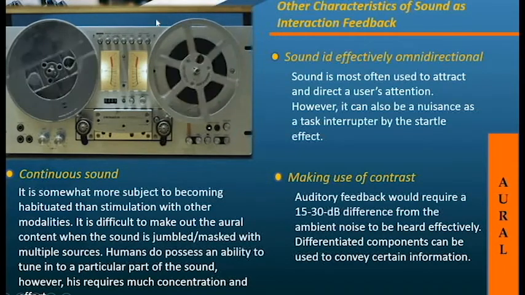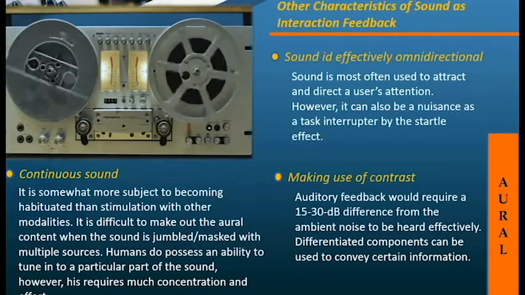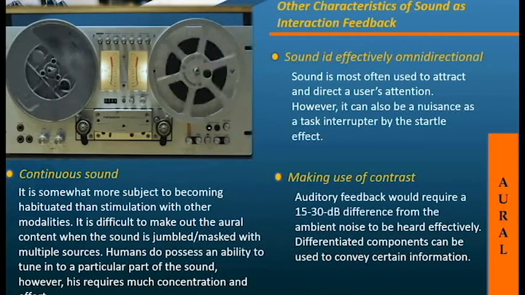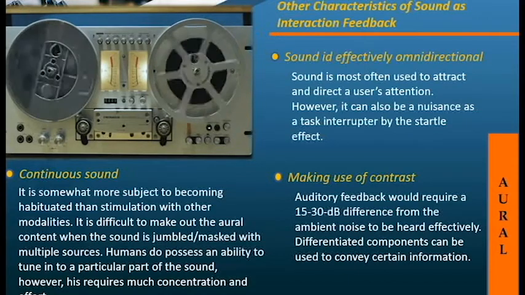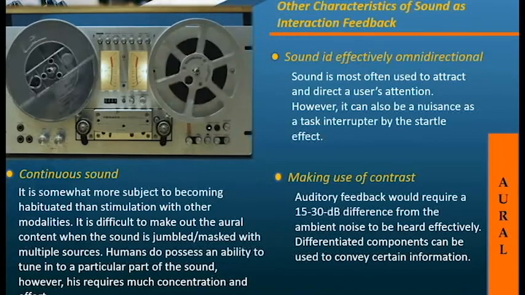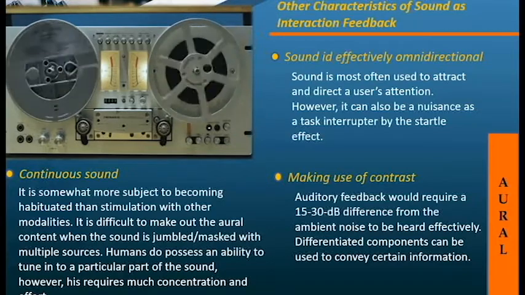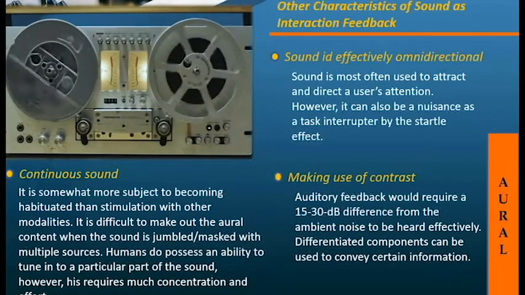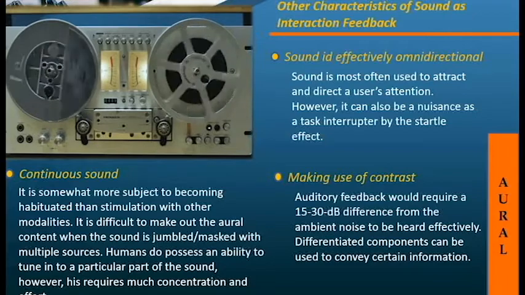So if it is jumbled and masked among multiple sources, it can stimulate your other modalities. These are the other characteristics of sound as interaction feedback.